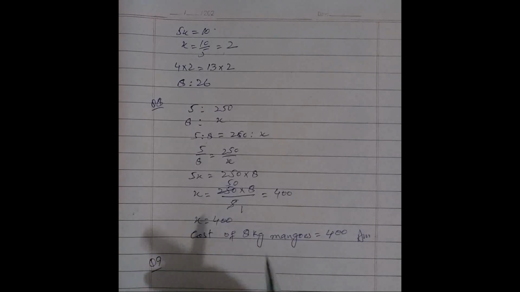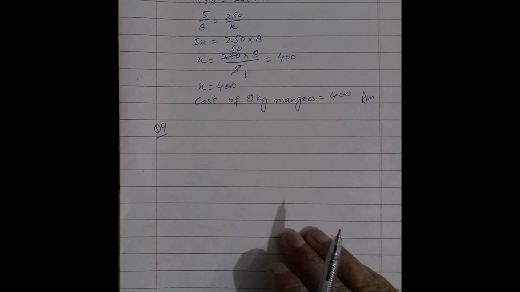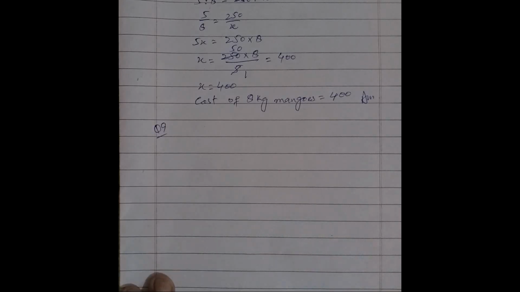And question 9 is: if A ratio B is equal to 7 ratio 8, find the value of 3A plus 5B ratio 7B minus 5A.